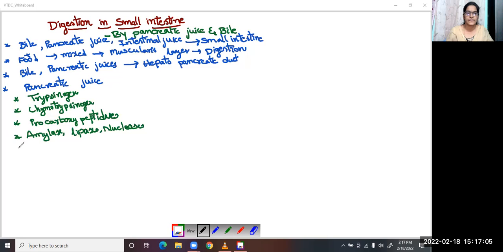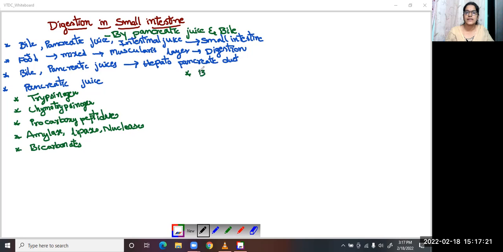And it is also having some bicarbonates. So these all are the constituents that are present in the pancreatic juice.